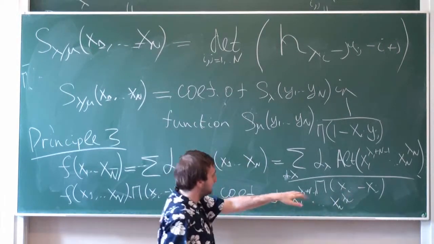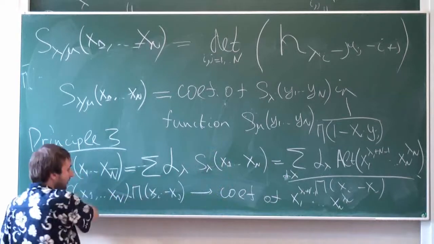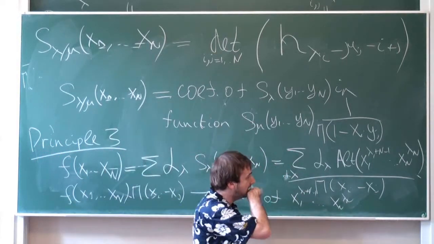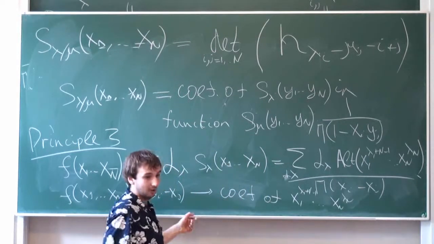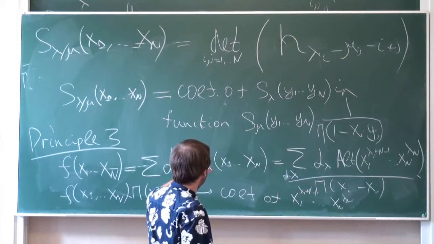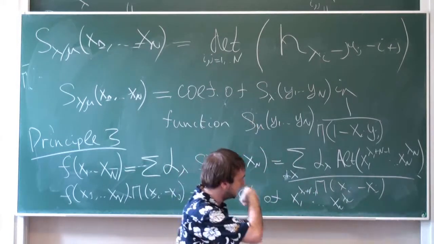So the coefficient of this monomial in this function is the same as the coefficient a lambda. Okay, so how to use it in our case? Well, then just multiply and see what's happening.